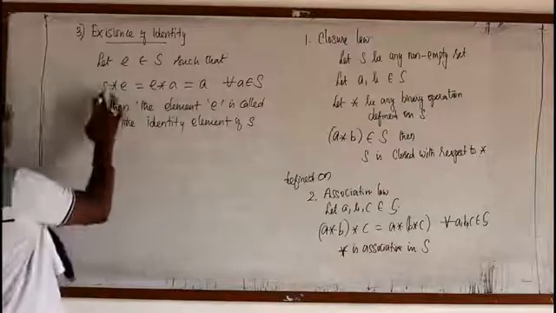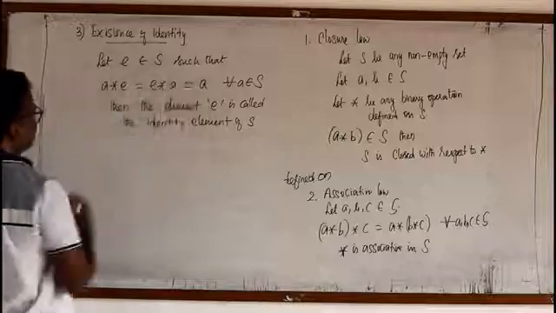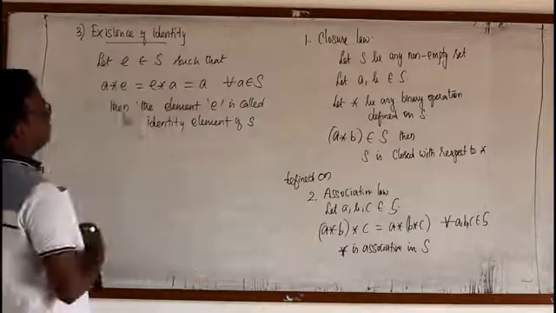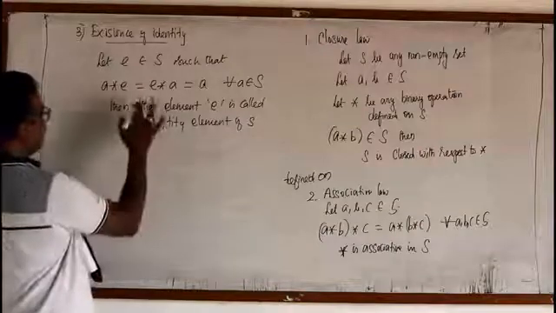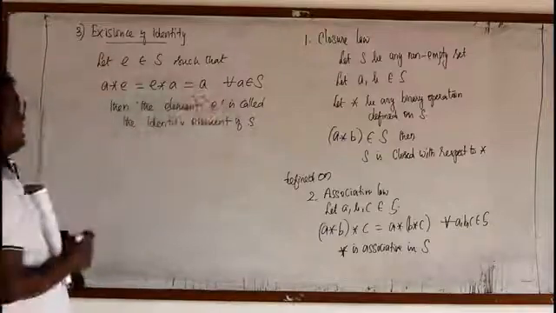In the operation, either A star E or E star A will give you only A. That means E won't get involved in this operation. The element which is not getting involved in the operation is called the identity element.